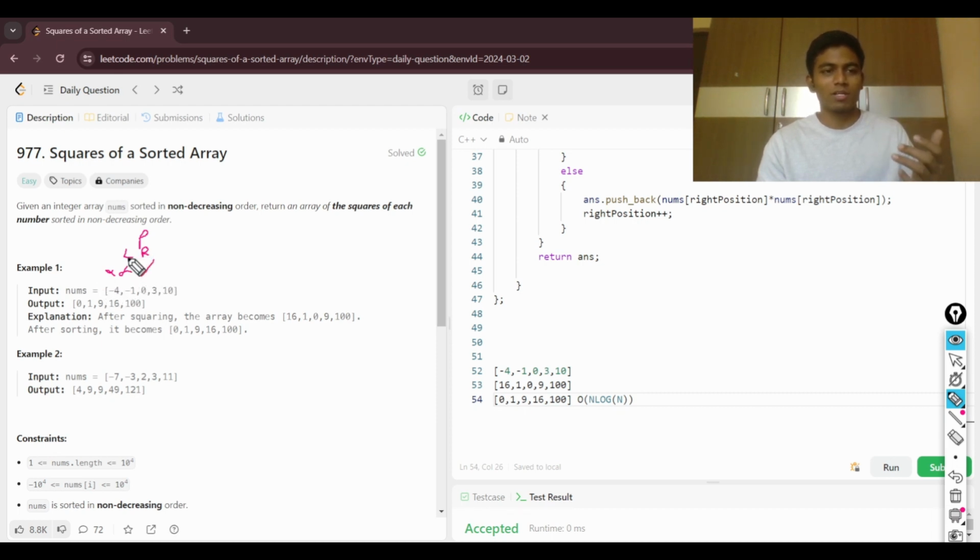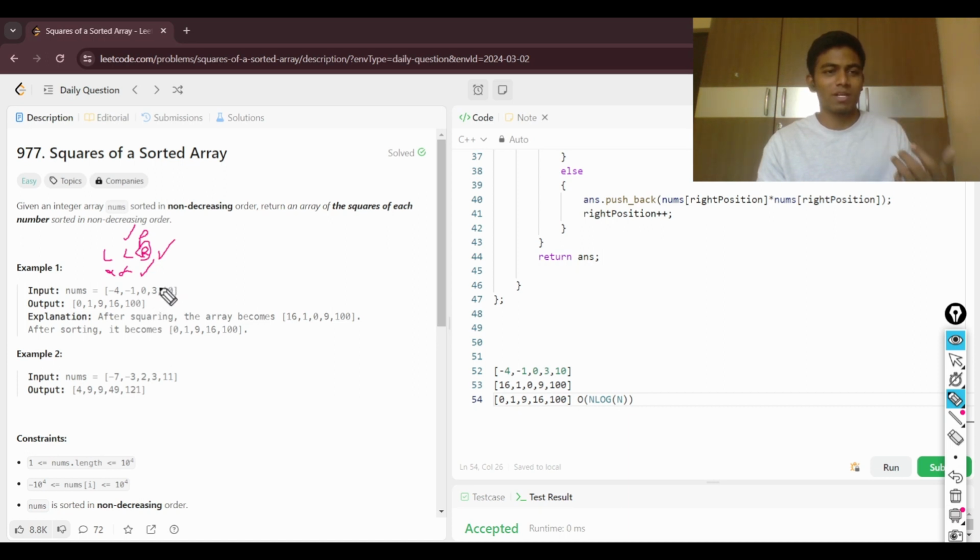So we are going to check which of the squared values is greater. -1 into -1 is smaller, so we are going to take this particular index and insert it into our answer and then move to the next one, which is 3. Again we'll compare -1 squared and 3 squared. Since this is less, we'll take it and move left minus minus, and again we'll compare -4 squared with 3 squared.